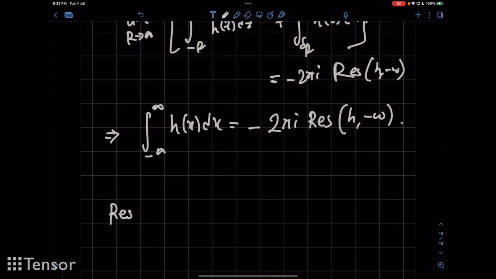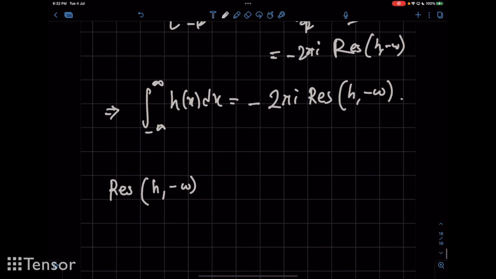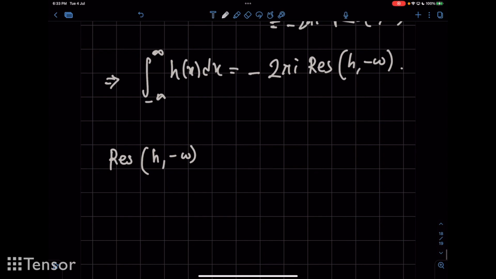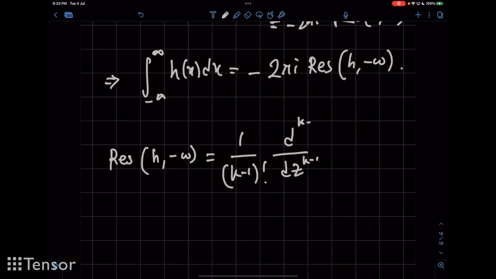So the residue of h at negative w is 1 over k minus 1 factorial, then you take the derivative k minus 1 times of z plus w to the k times h of z, and you evaluate this derivative at the point we are considering.